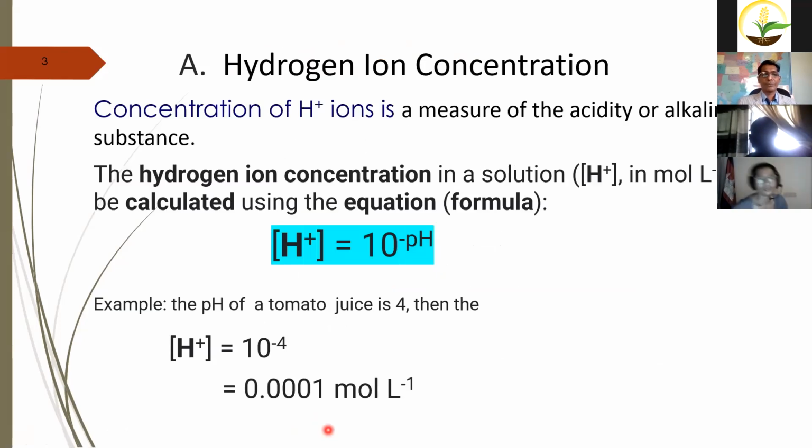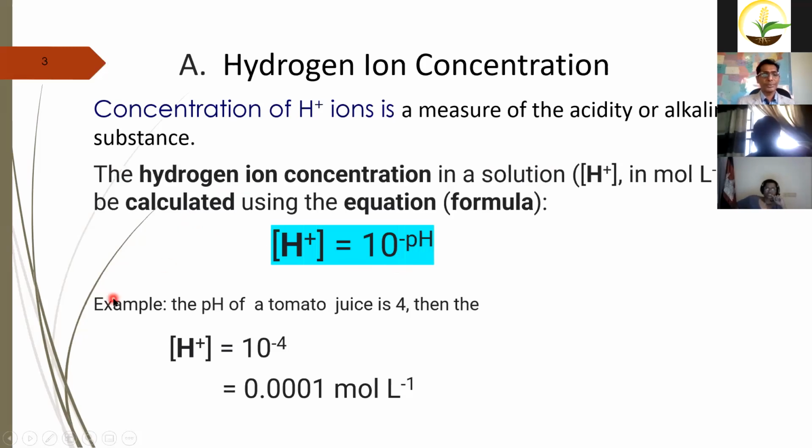So let's start with hydrogen ion concentration. Very basic, very simple. The concentration of hydrogen ion is a measure of the acidity or alkalinity of a substance. The hydrogen ion concentration in solution, measured in mole per liter, can be calculated using the formula: hydrogen ion concentration equals 10 to the power of minus pH.